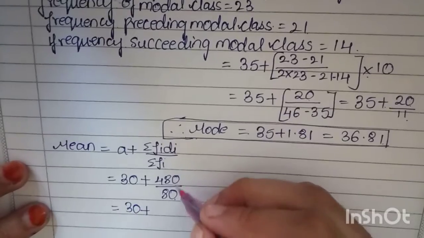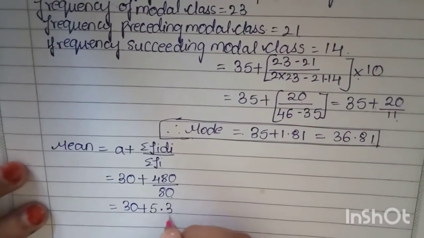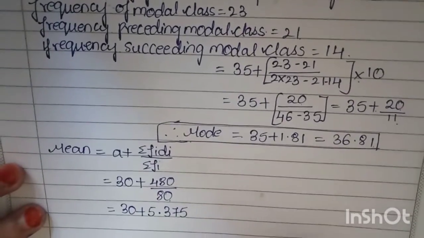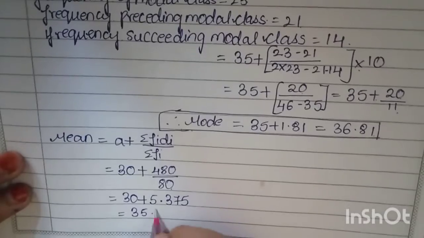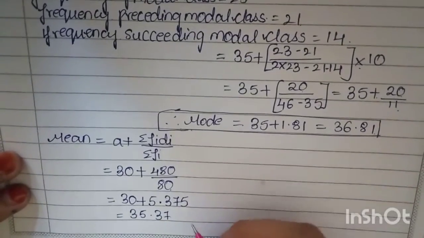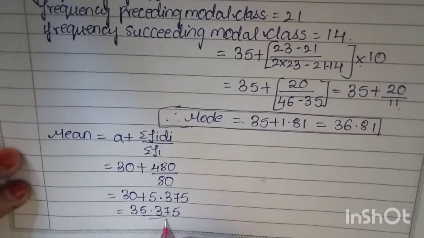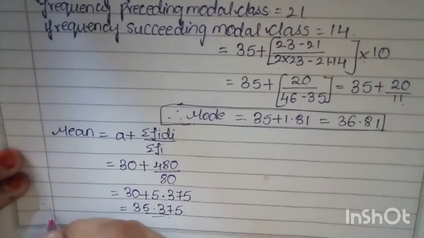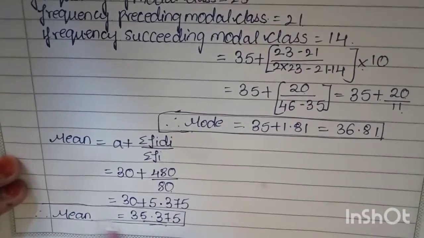On simplifying this, you get 5.375, so it will be equal to 35.37. After the point, 2 digits are more than enough. So therefore the mean of the given data is this much.